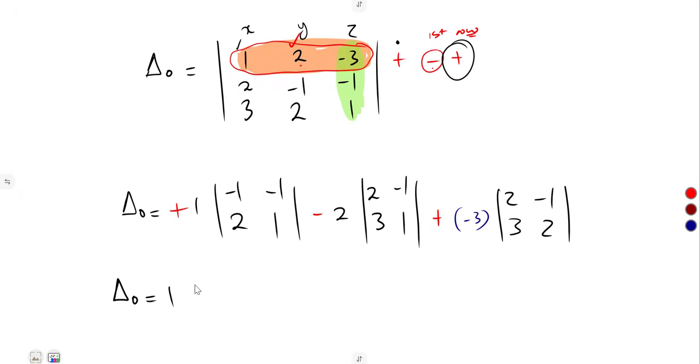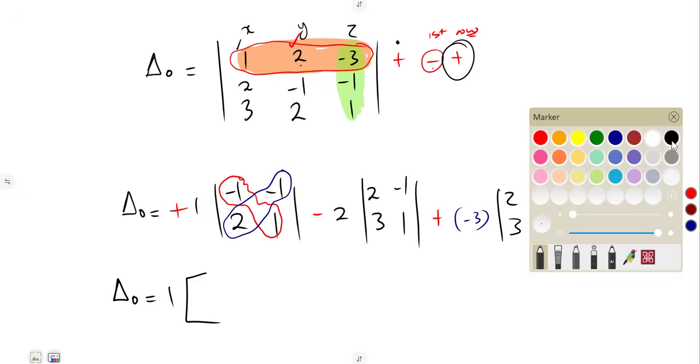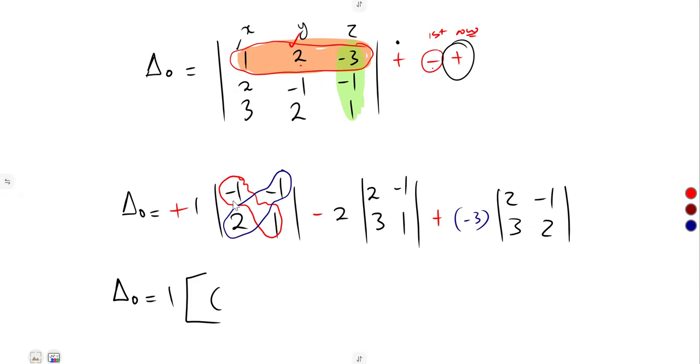1, that's a positive. Then we need the determinant, major diagonal versus the minor diagonal. So that is negative 1 times 1 minus negative 1 times 2. You are done.